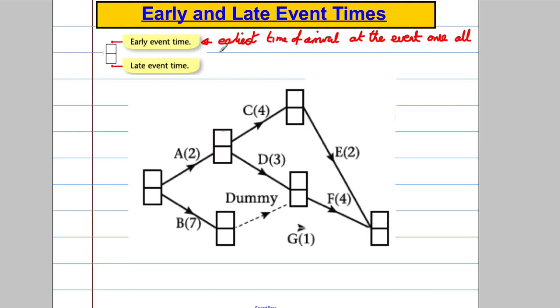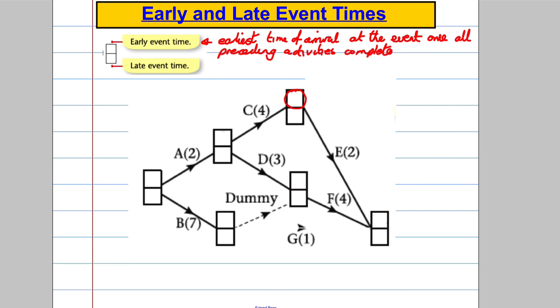So for example, here, whatever number I put in there will be the time that you can get to having C done, where every activity required to get C done is complete.